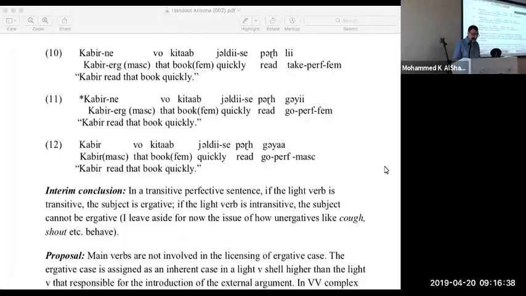So in 10, the light verb is a transitive verb. Okay. Oh, just a word about Hindi ergativity. I suspect many of you already know about this, that Hindi ergativity is an aspect-based split. So you get transitive perfective subjects that are marked with the ergative marker, which is ne, and with unaccusatives, you never get ergative marking.